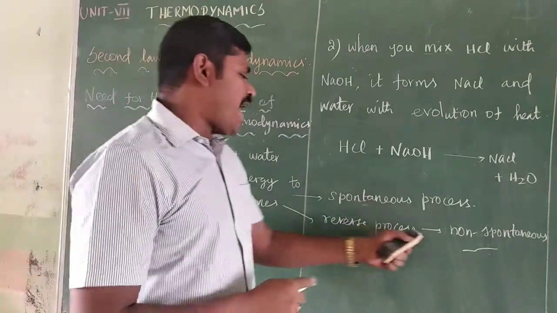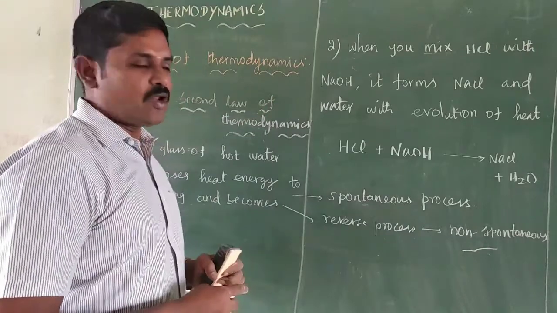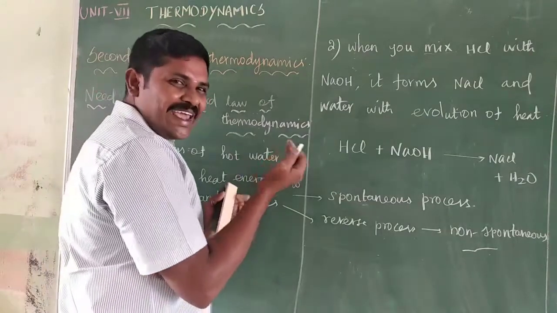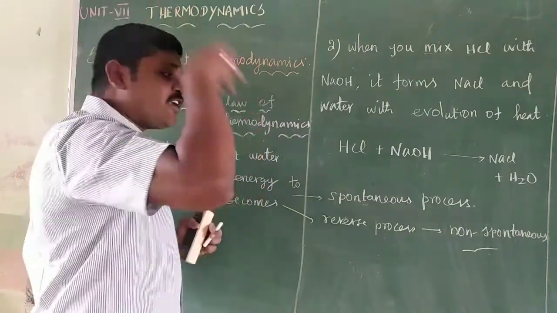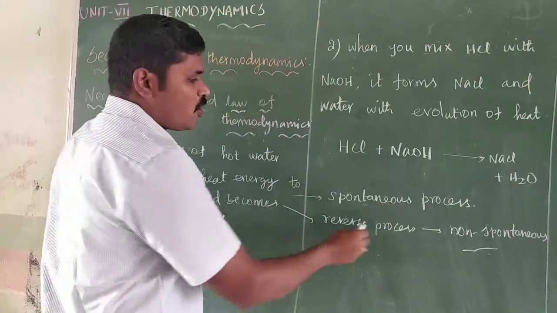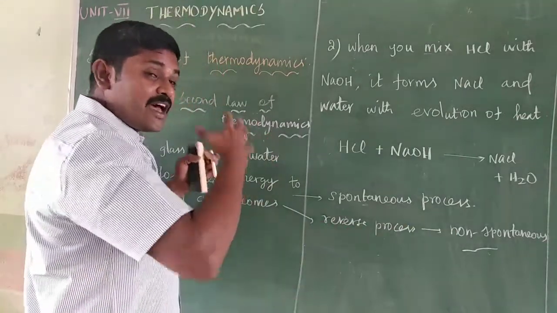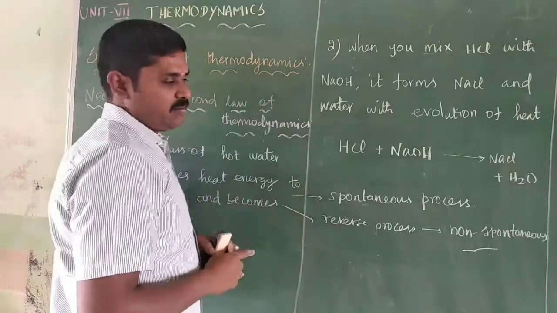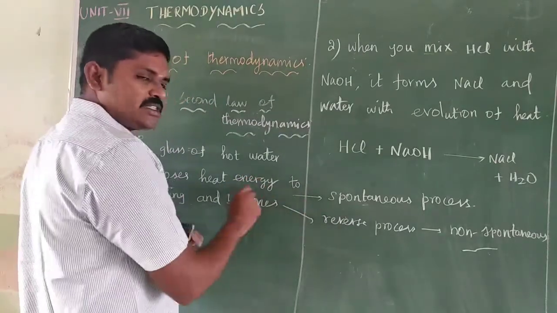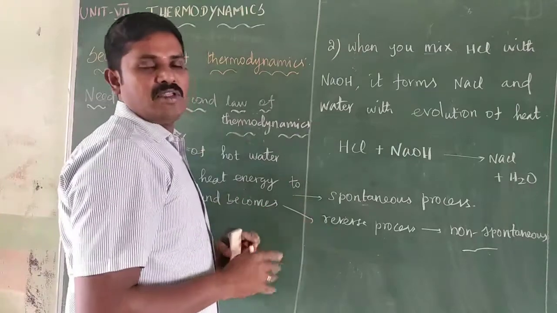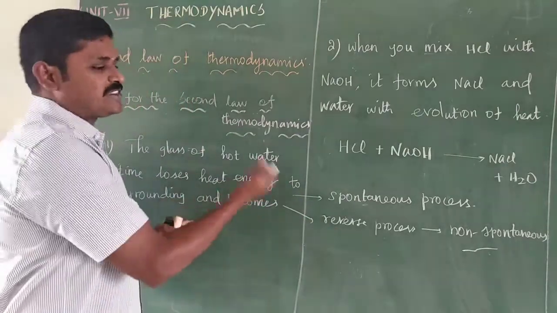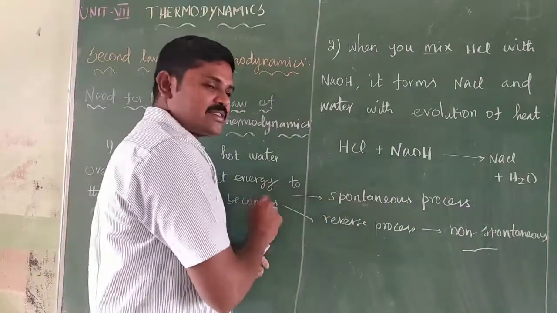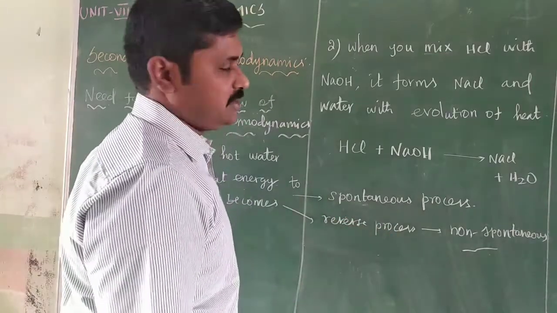So the cold water becomes hot water by absorbing heat energy that is manually supplied. But the total energy is conserved in both processes, so both follow the first law of thermodynamics. But one is a spontaneous process and the reverse process is non-spontaneous.